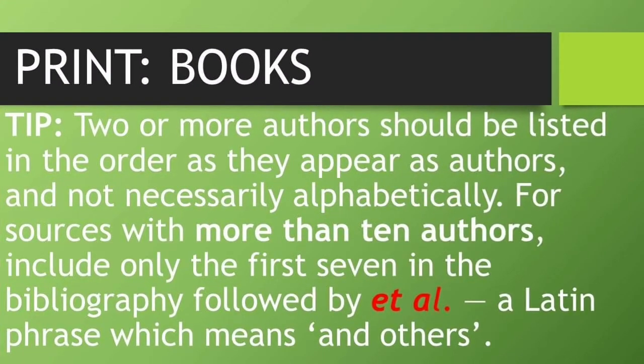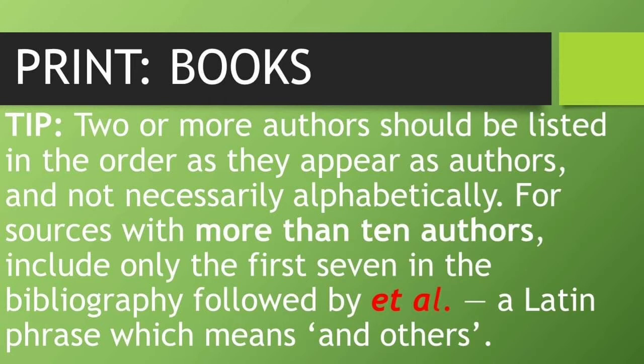And we have here tips in writing bibliography, especially if the authors of the book are two or more. So two or more authors should be listed in the order as they appear as authors and not necessarily alphabetically. So again, do not write the names of the authors in alphabetical order. It should be written as it appears in the book.